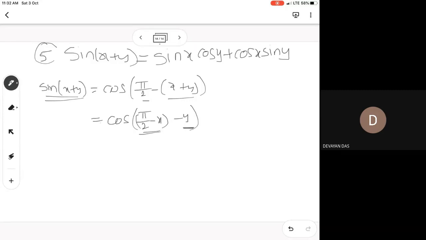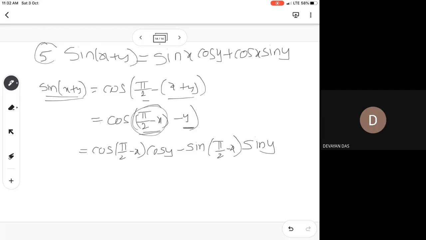Now it became x y, this whole thing, let cos x cos of (pi by 2 minus x) be x. What is the cos of (x plus y) formula? Cos of (x minus y) is equal to cos x cos y plus sin x sin y. Here, in place of x, we are having pi by 2 minus x. Just replacing only, the remaining things are the same.